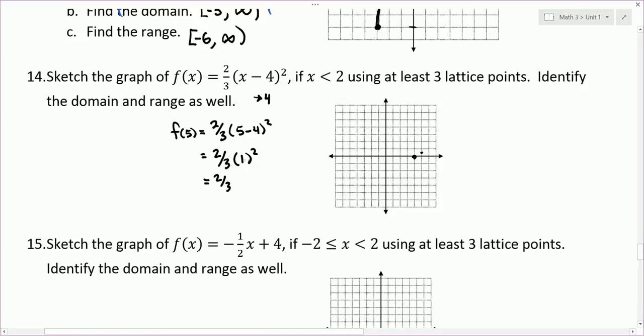Instead of having a 1 squared, because the denominator is 3, I'd love to have a 3 squared. So what minus 4 is going to give us 3? 7. So let's plug in 7 into the function.